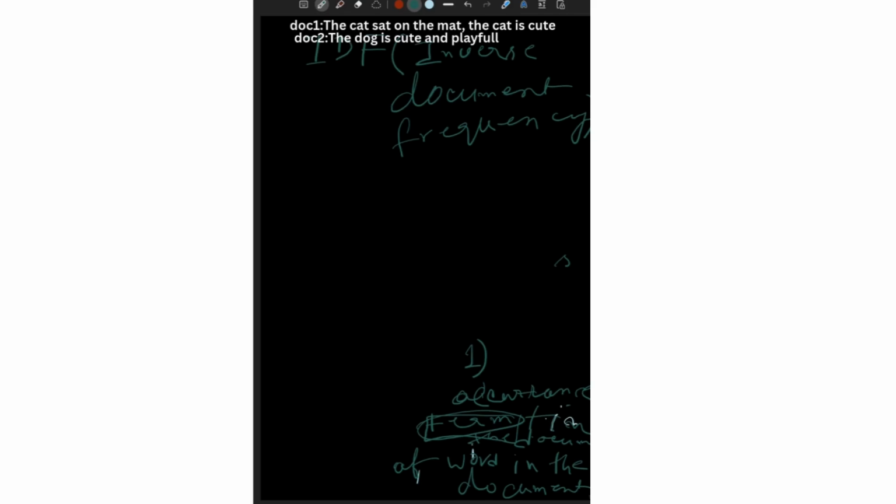It will increase the weight of that word so that we can find that particular term easily, and at the same time it will reduce the weight of the common words.